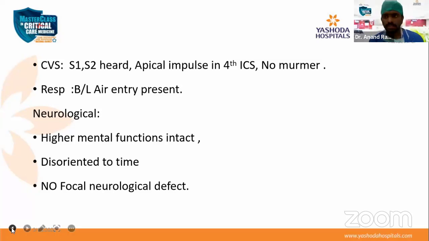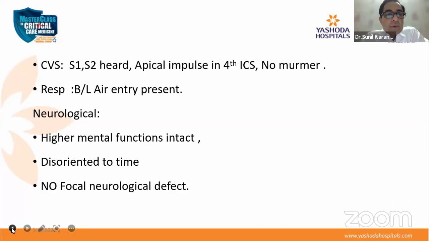Icterus is present, sir, and GRBS is slightly low, 86, and the abdomen is distended, and tenderness is present in the right hypochondriac region, and vitals are stable. Neurological: disorientation to time is present, but higher mental functions are intact.